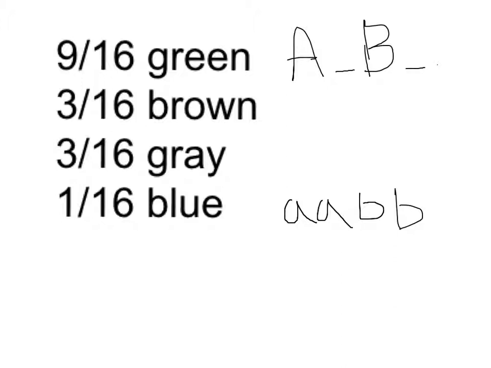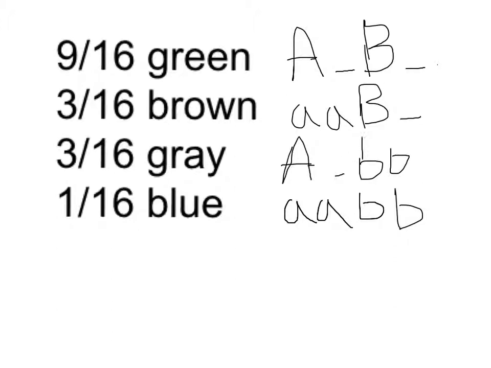Well, really what it means is they had 2 recessive alleles on one of them. And so let's look at this one and say, okay, to be brown, you had to have little a, and big B, and whatever on the second allele. You could either have a big B or a little b. And then for gray, you must then have at least 1 capital letter A, and then 2 little b's.